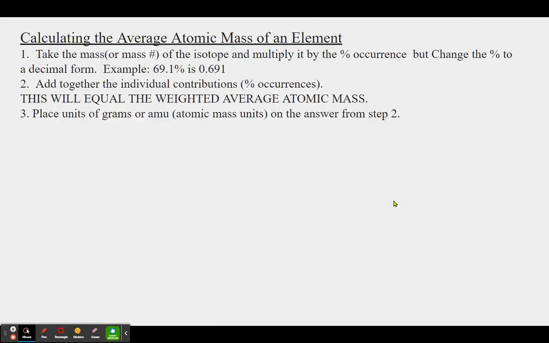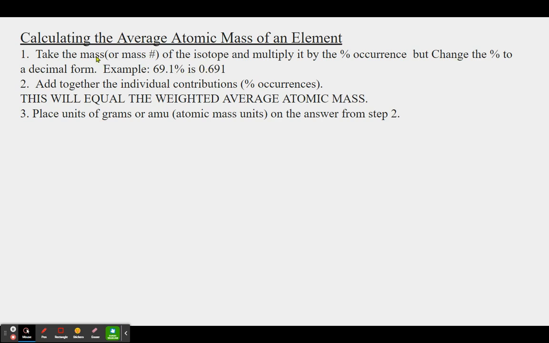Okay, to calculate an average atomic mass or an average weighted atomic mass for an element, we're going to take the mass of the isotope given and multiply it by its percentage occurrence, but we're going to change the percent to a decimal form. So if the percentage occurrence was 69.1%, we would change that to 0.69.